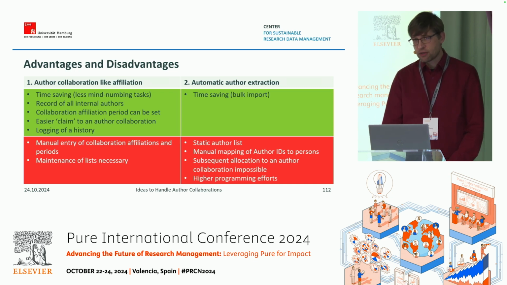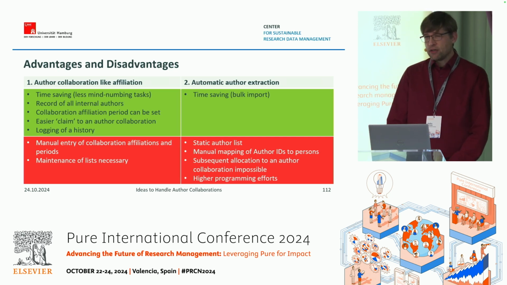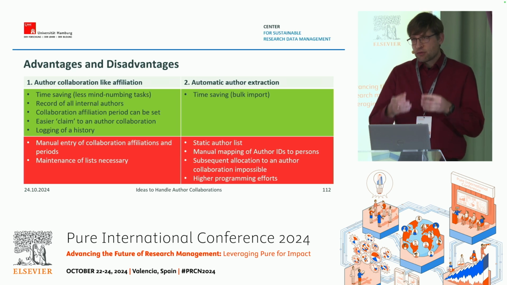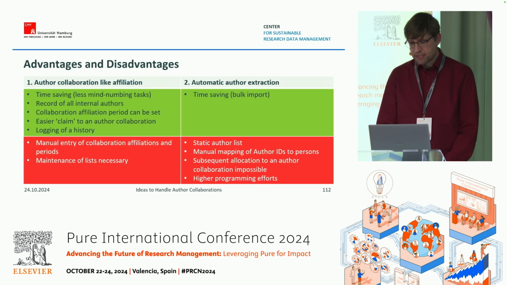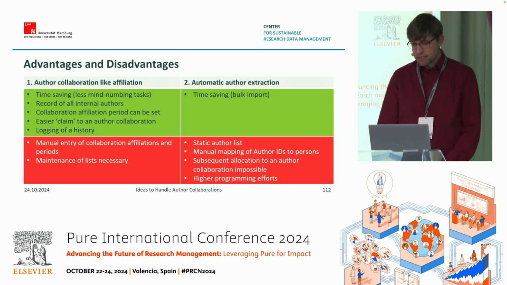A disadvantage of the second idea, the automatic author extraction, is that when you extract or look for the internal authors, this list for each publication entry is static. You have to manually map the author IDs, for example, to the internal persons.